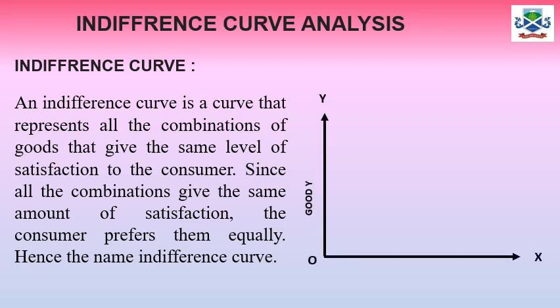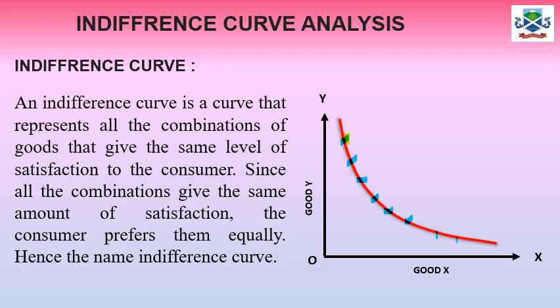In the indifference curve, as we are drawing here, any combination on this curve will be the same at any point. If you select the two combinations of good x and good y, they give you the same level of satisfaction.